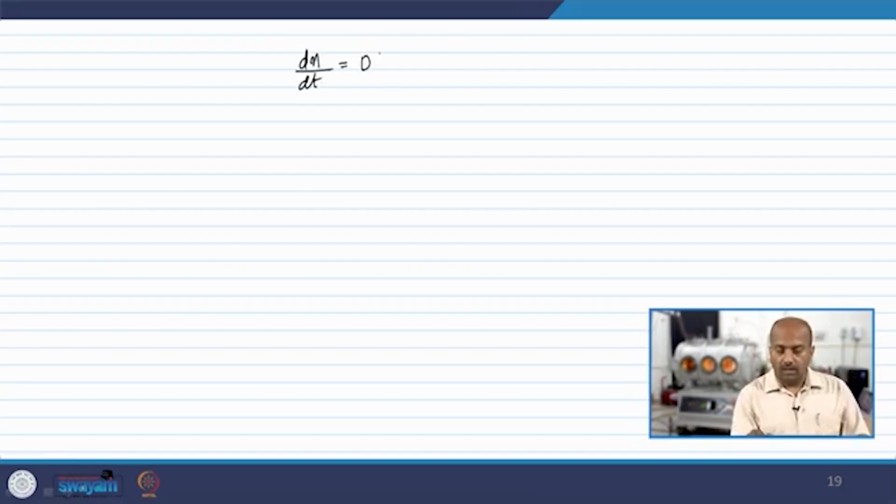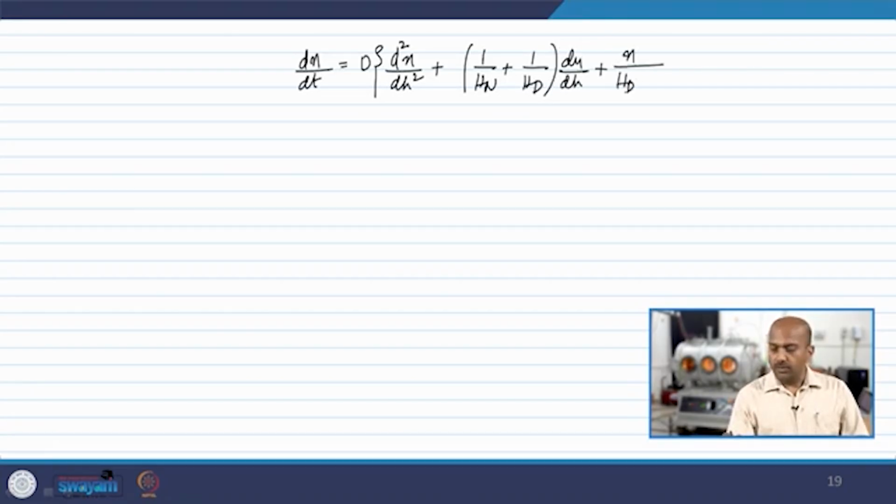So, one very important equation that we have derived is this, where we write dN by dt, including the diffusion coefficient, as D d square N by dh square plus... Now you see this expression.